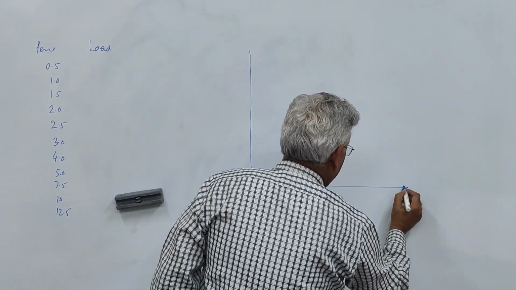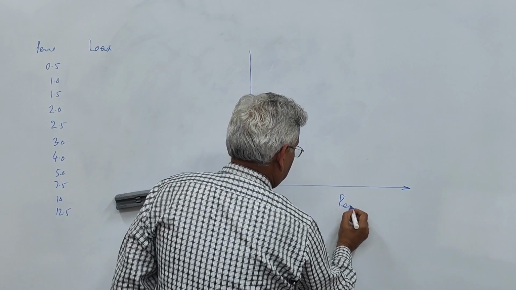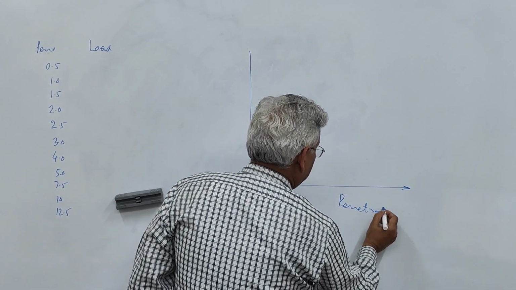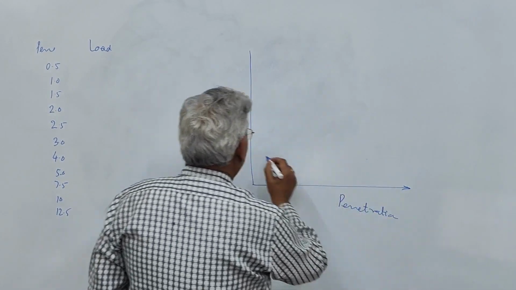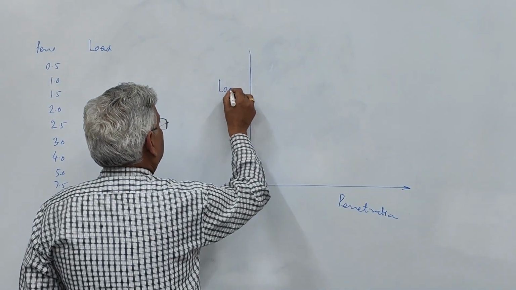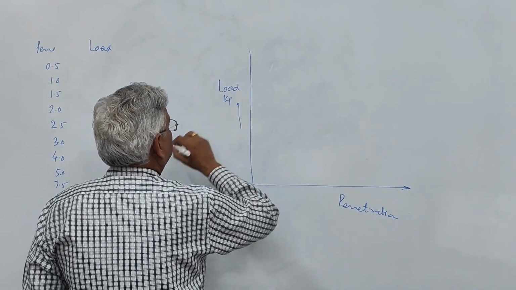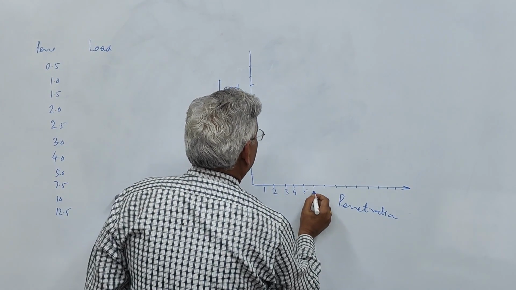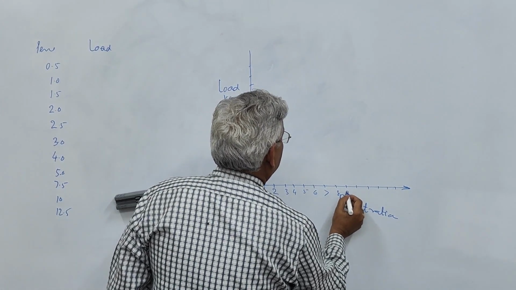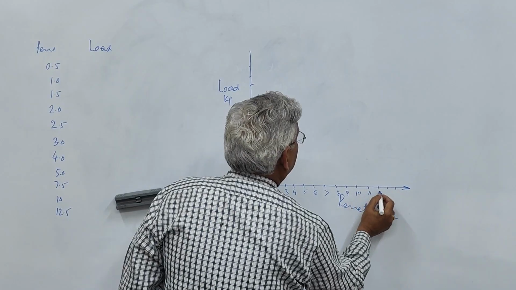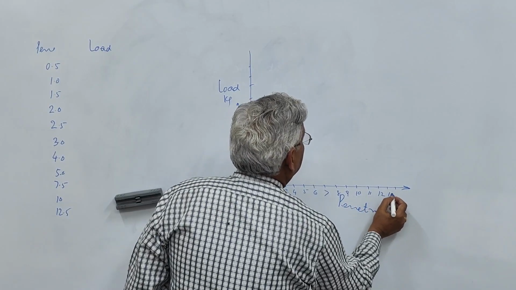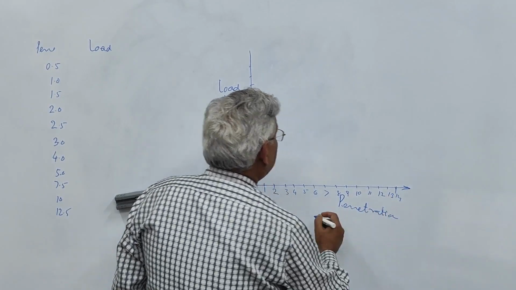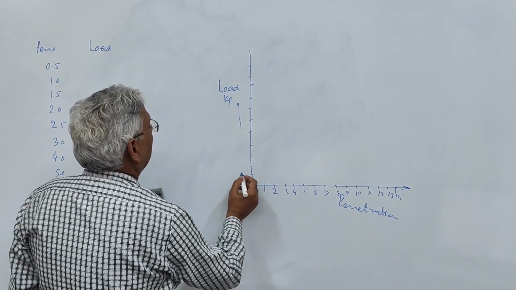This is the penetration in millimeter and this is the load value in kg. Let us say 1, 2, 3, 4, 5, 6, 7, 8, 9, 10, 11, 12, 13 and 14. These are in millimeter and you have load here.